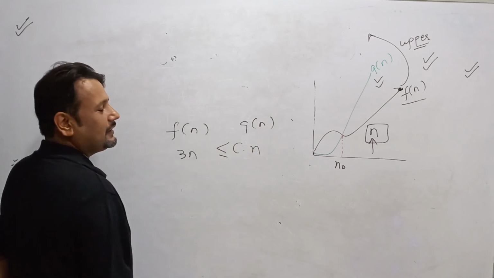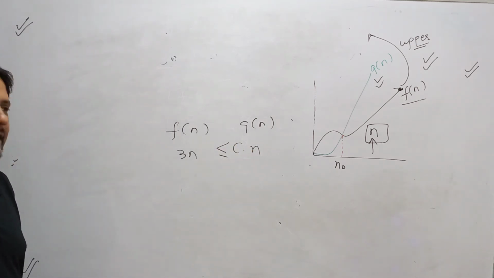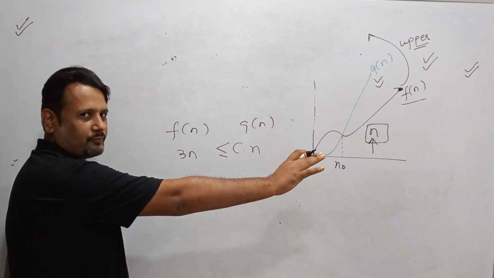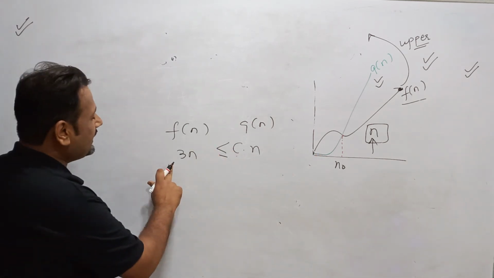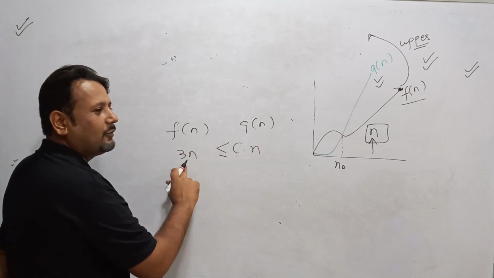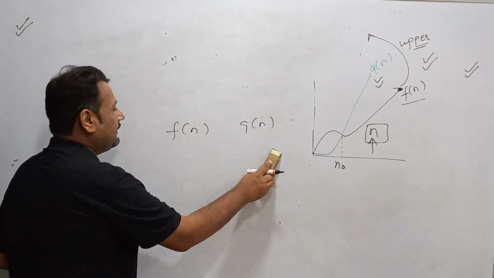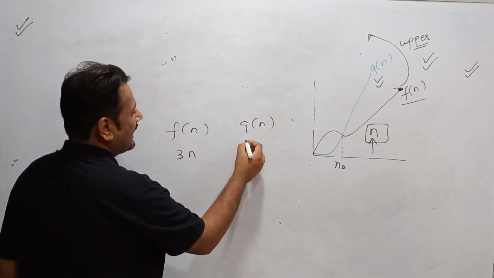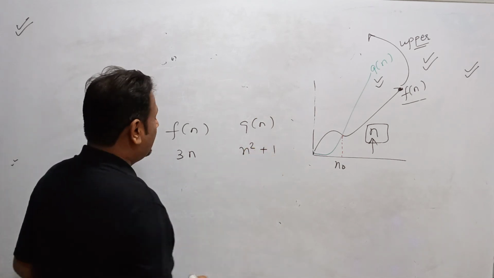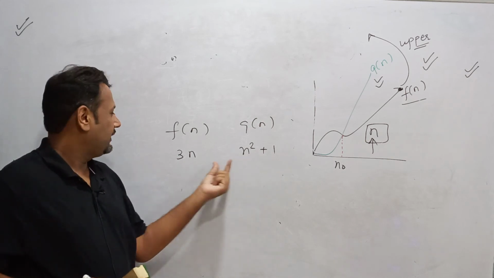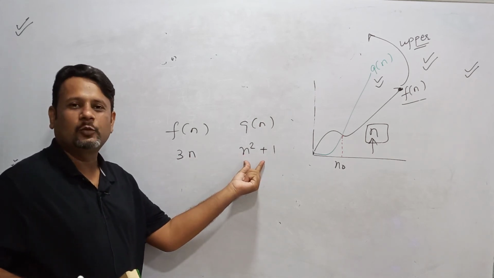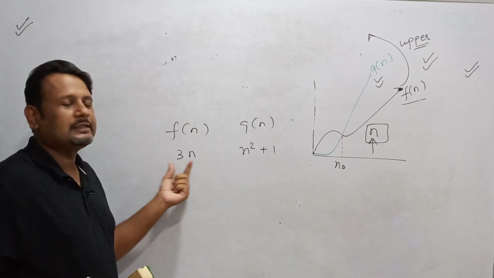We can take a constant value, and after any interval of n, this is always going to be true. You can take c = 4. If f(n) is 3n and g(n) is n square plus 1, this can never be proved to be less than this. n can never be less than n square. Never. So this cannot be proved.